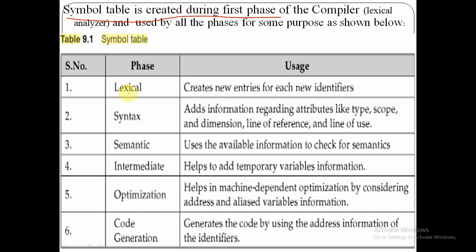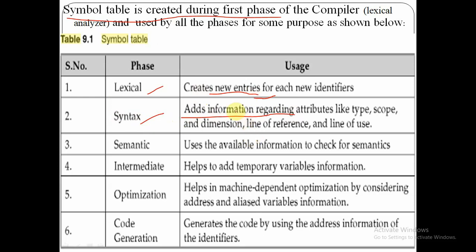First phase, lexical analyzer. It creates entries for each new identifier found in the source code during lexical analysis. Syntax analyzer. It adds information regarding attributes like type, scope, dimensions, line of reference and line of use, etc.